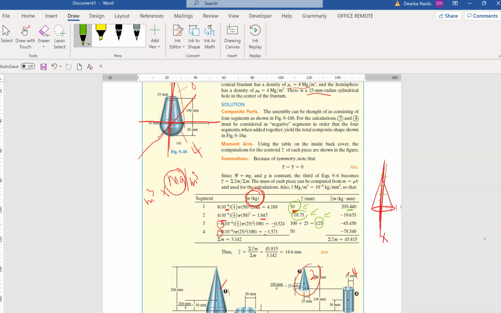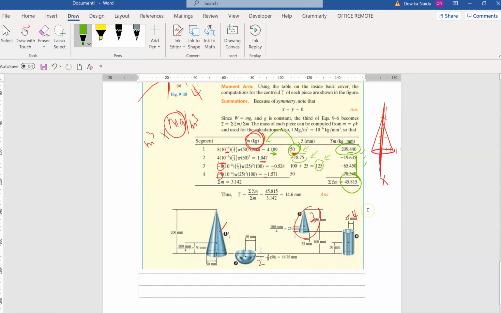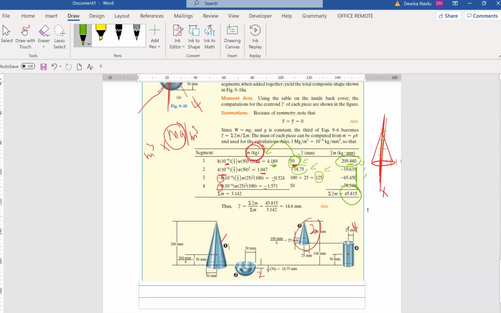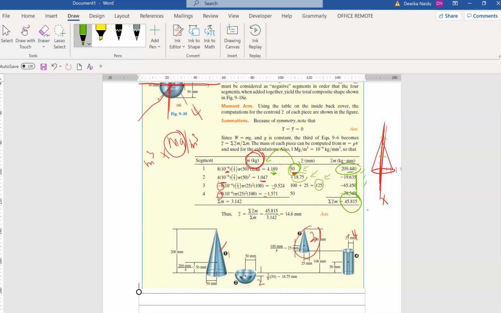So the next line will be to multiply. So this value here is just the multiplication between the first two, this value 50 with the 4.189. So you get all these values. Whatever is plus, you plus, whatever is minus, you minus, you get 45.185. With that 45.185, you need to divide by the total mass.